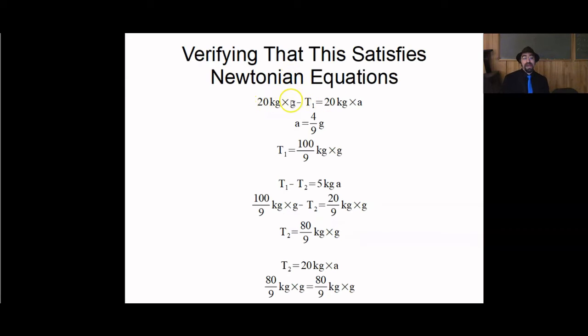Our first equation we had from the top box was 20 kilograms times g minus T1 equals 20 kilograms times a. If I say a is 4/9 g, algebra happens. I get T1 equals 100/9 kilograms times g, because if this a is 4/9 g, I just subtract the 4/9 g from either side. I get 20 kilograms times 5/9 g minus T1 equals 0, and solve it from there.